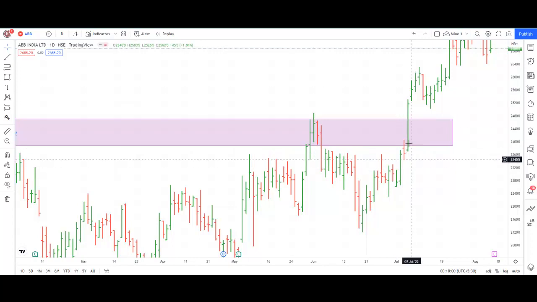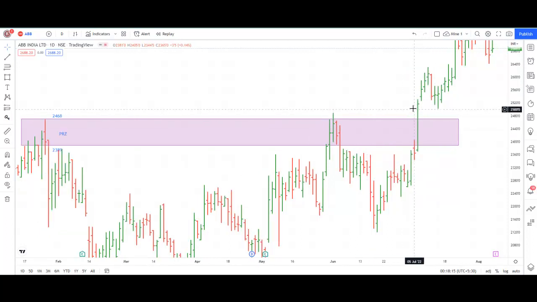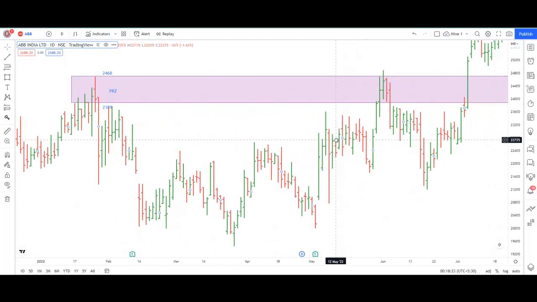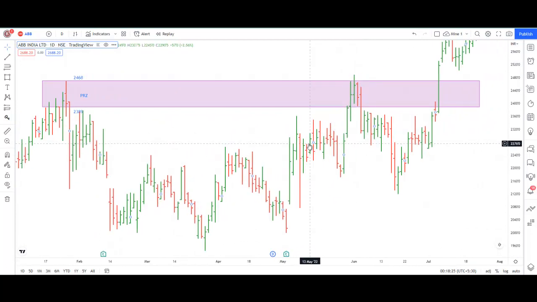So it did not pass into the price rejection zone, it clearly jumped across the price rejection zone. So this would have provided a very good opportunity for a long trade, and this is the right time to enter and you would have made good money. So this is how we identify and draw the price rejection zones.